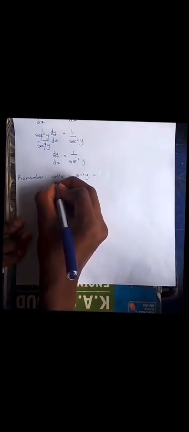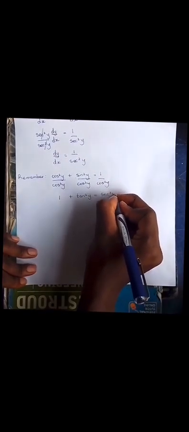We're going to divide through by cos square y. This cos square y divided by cos square y is 1. Sin square y divided by cos square y is tan square y. And 1 all over cos square y is sec square y.